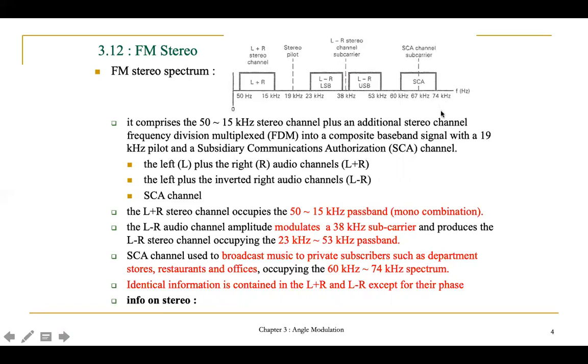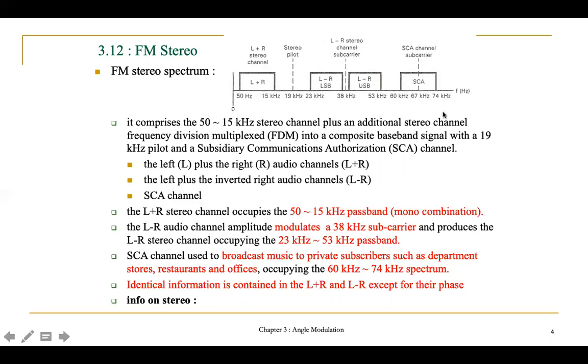So we have the left plus right audio channel, we also have the left plus the inverted right audio channel, L minus R, and we also have the SCA channel.